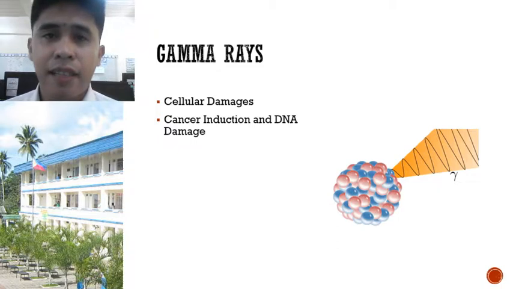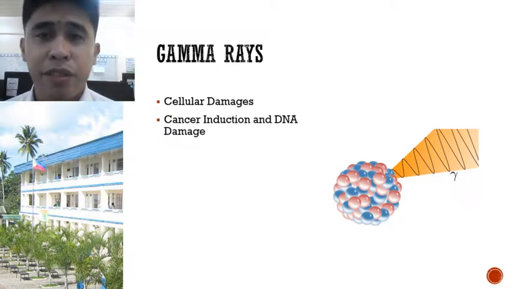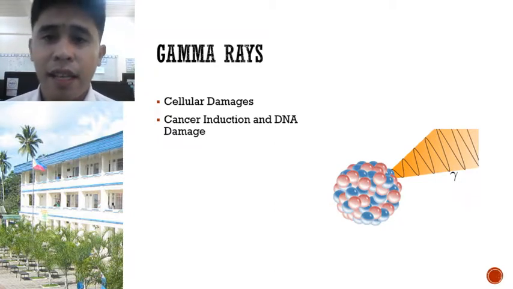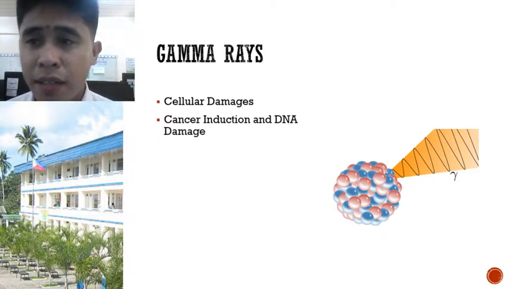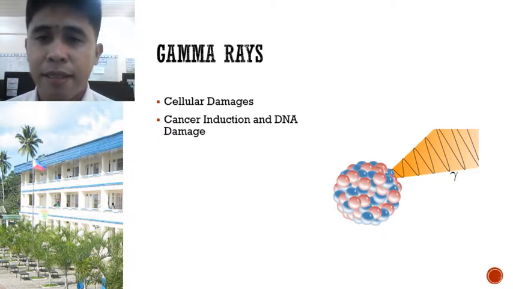Gamma rays are ionizing radiation, just like an X-ray and UV ray, and are thus biologically hazardous. Due to the high penetration power of gamma rays, they can damage bone marrow and internal organs.